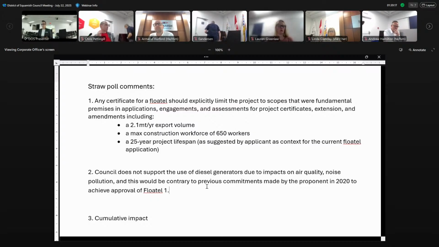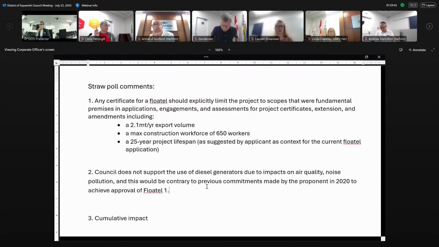So just my comments on this, I understand where you're going and I'm generally supportive of this. The export volume is something that is an EA process and would need to be varied in the EA process if that's what they so desired to vary it. But I'm okay reinforcing that here. The workforce, I remember seeing projections that had all sorts of numbers for overall workforce.